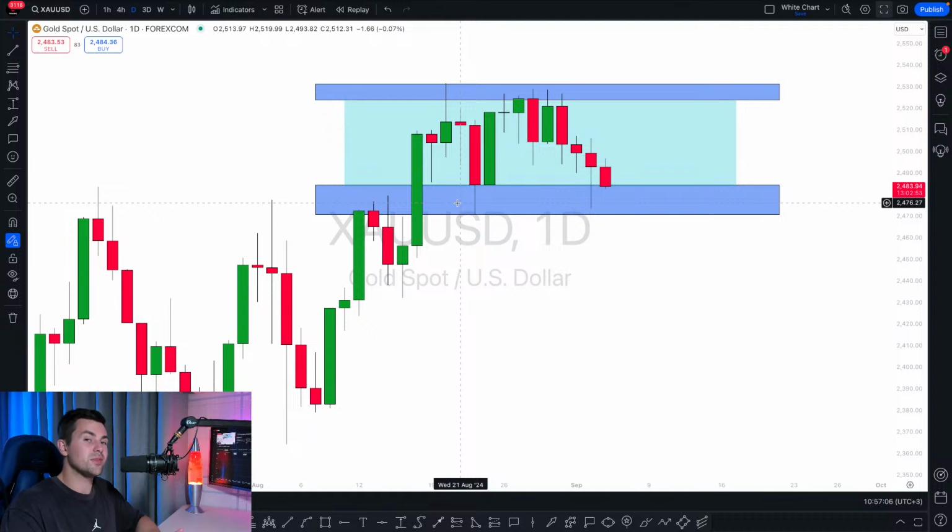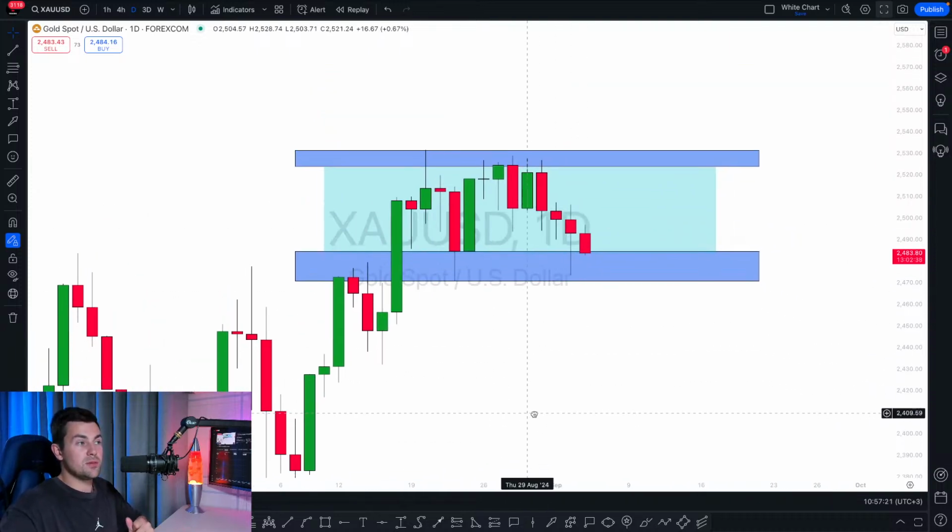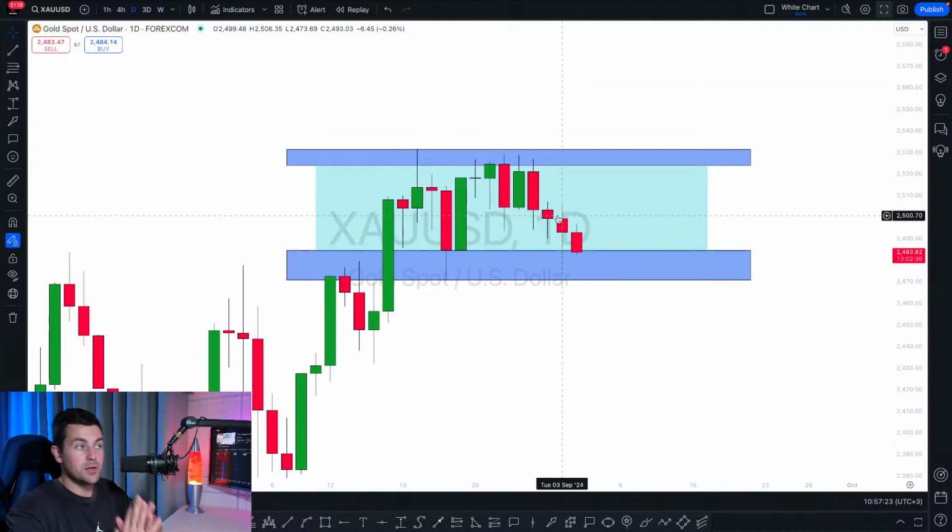The market found the equilibrium, and the market participants agree about current prices. And the market may stay within the boundaries of the range for a very long period of time, sometimes for weeks, even for months.